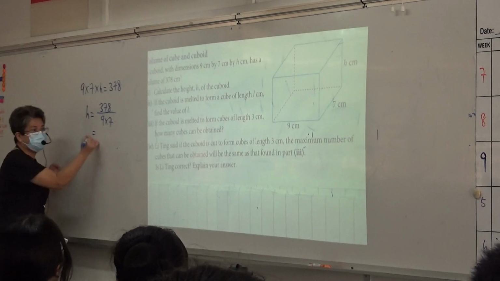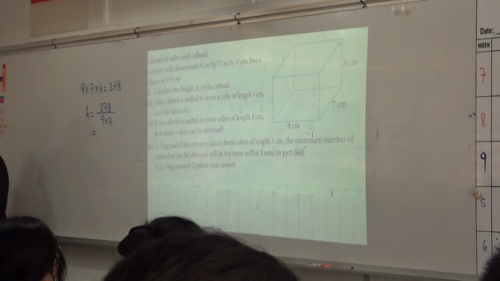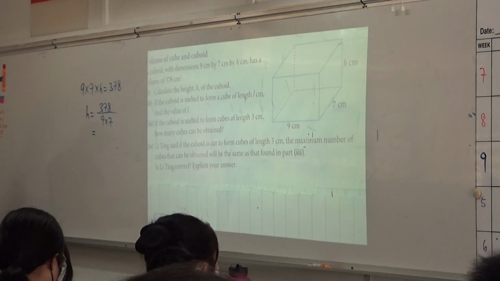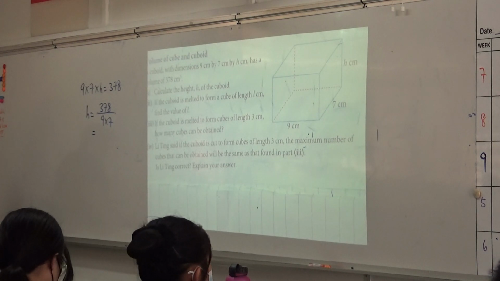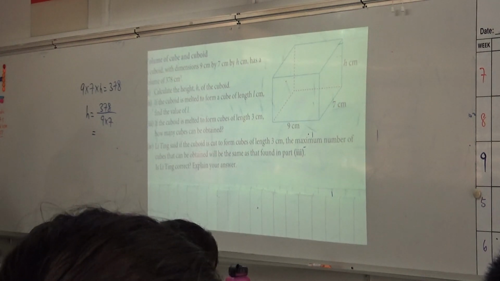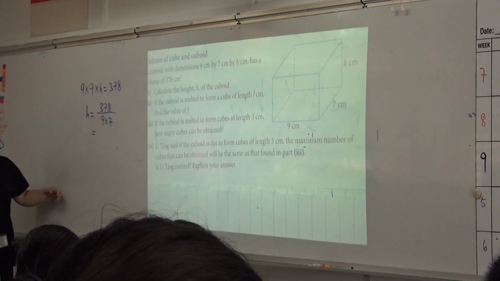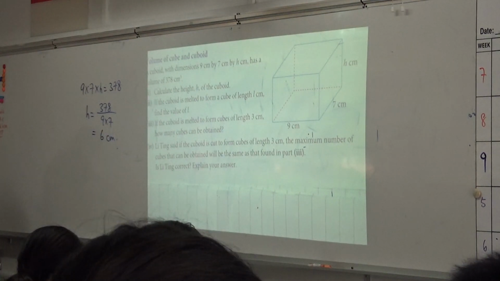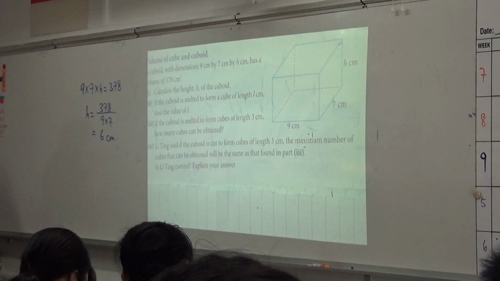Okay, all of you use your calculator. What is the height of the cuboid? 6. This is 6, is it? So this is 6 cm. Are we okay? Yes or no? Yes. Okay, good.